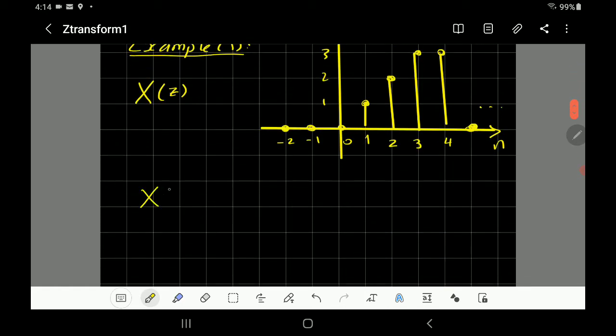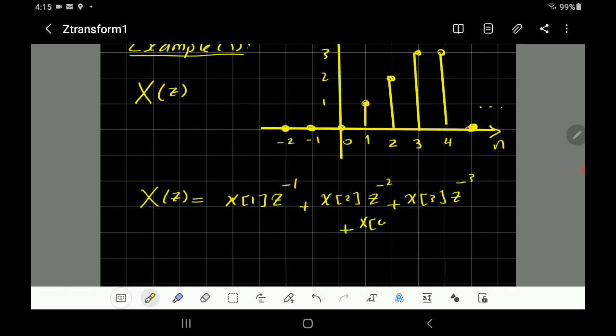So I'll say X of Z is equal to x1 multiplied by Z to the negative of the index, as we agreed, plus x2 Z power negative 2, x3 Z power negative 3, plus x4 Z negative 4. I'm not going to continue because it's going to be 0 after that. So I'll stop here.